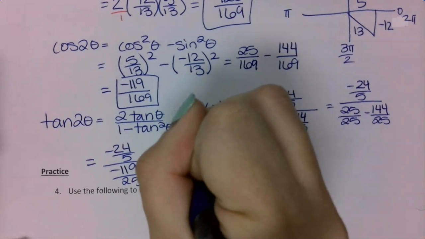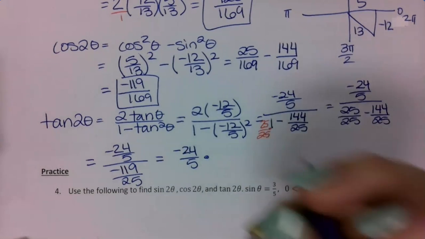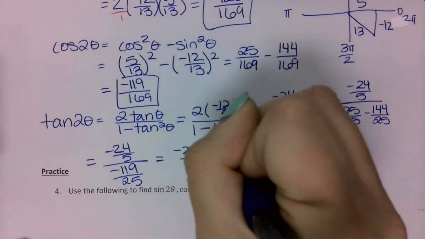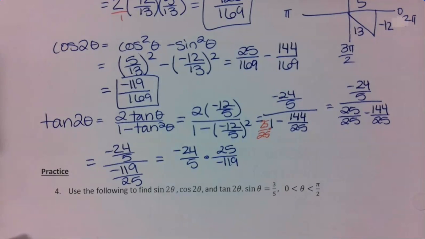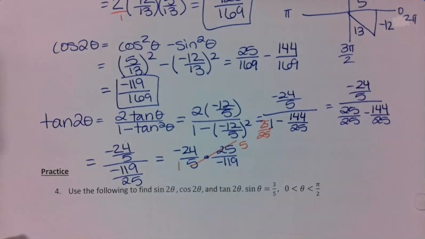So because I have a fraction divided by a fraction, I take the denominator fraction and flip it. So that gives me a 1 on the bottom and a 5 on the top.